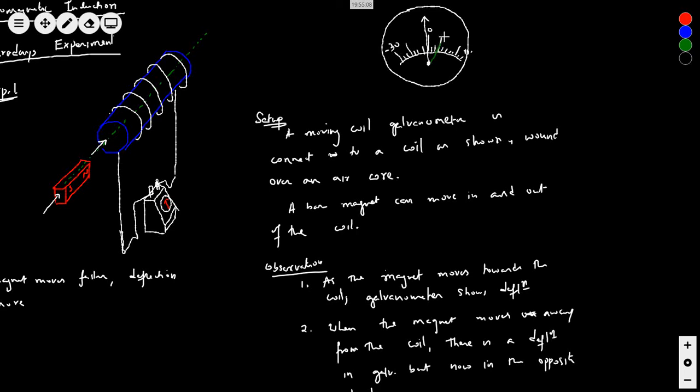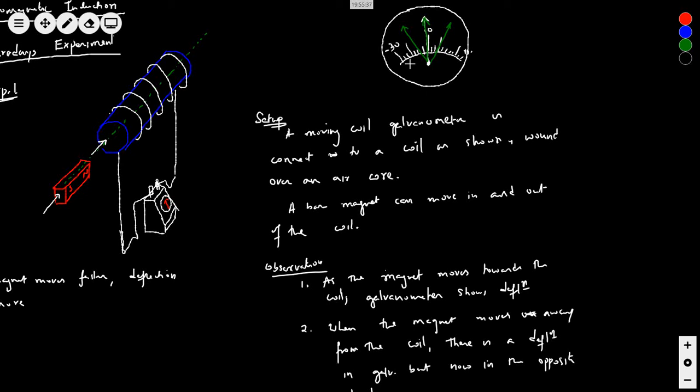Let's say it moves in one direction, like this. So when the magnet moves towards the coil, the galvanometer shows deflection. Next time when the magnet moves away from the coil, it shows deflection again, but this time the deflection is in the opposite direction. If the magnet is not moving, no deflection.